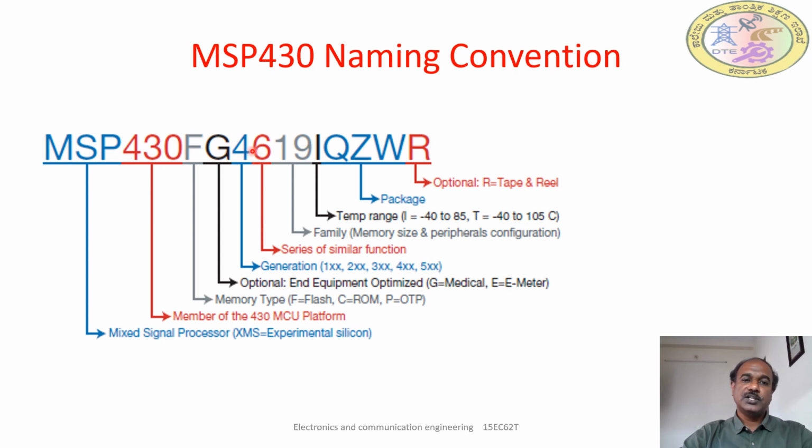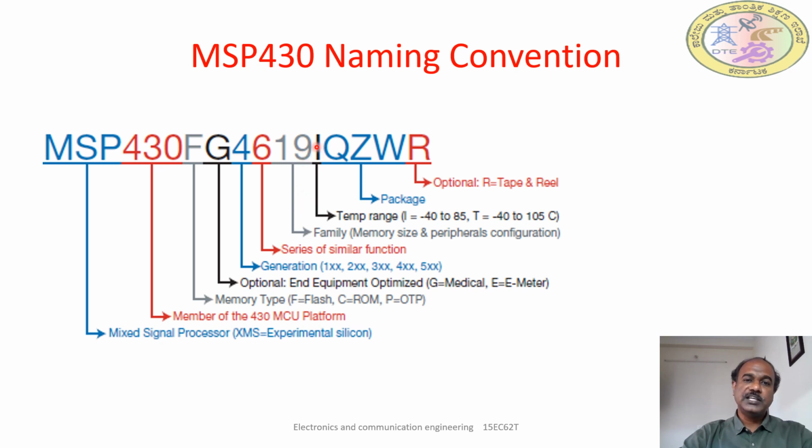Then after these four digits, the next letter is I, which indicates the temperature range. If I is present, the microcontroller can perform properly in the temperature range from -40 to 85 degrees centigrade.